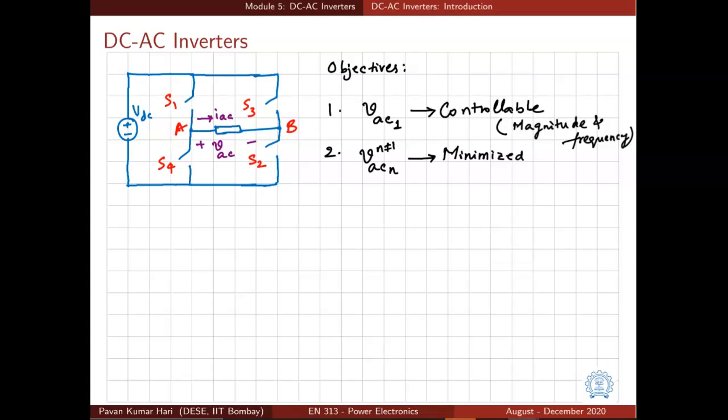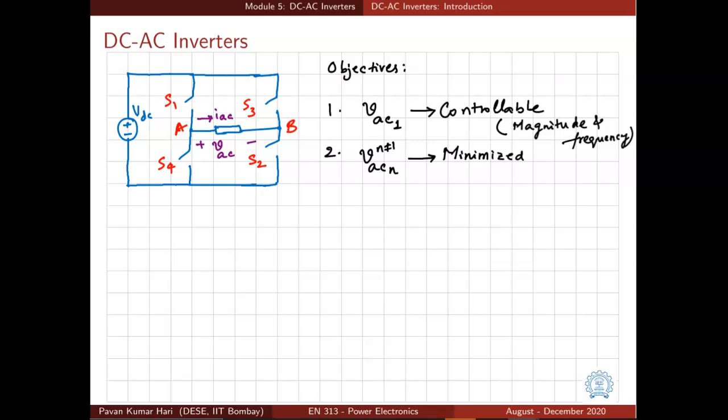So here are the two primary objectives of our inverter. Our inverter should produce an AC voltage VAC across terminals A and B for a given fixed DC voltage, and the fundamental component of the output voltage, VAC1, should be controllable, because we are able to turn the switches on and off, right?